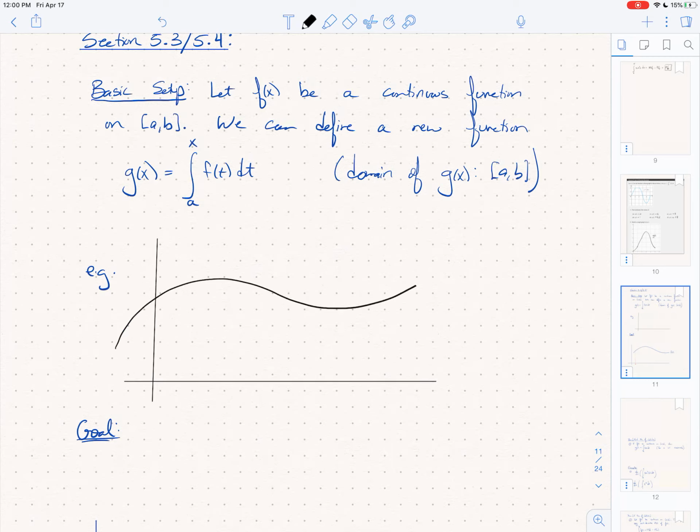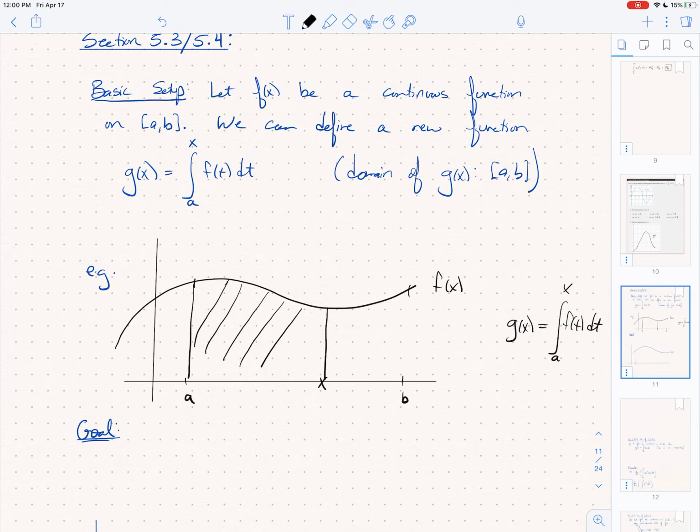Okay, so for example, let's sketch a little picture right here just to make sure this is all clear. So here is my f of x, here's my a, maybe here's my b, and you pick some x value right here, then when you compute g of x is equal to the integral from a to x of f of t dt, you're going to get this area right here.